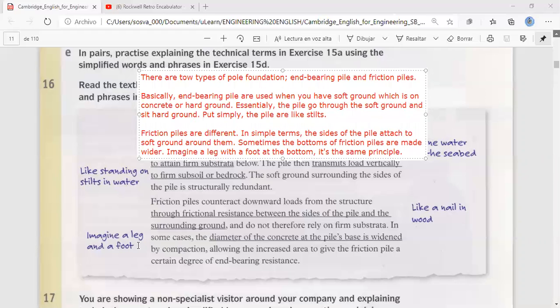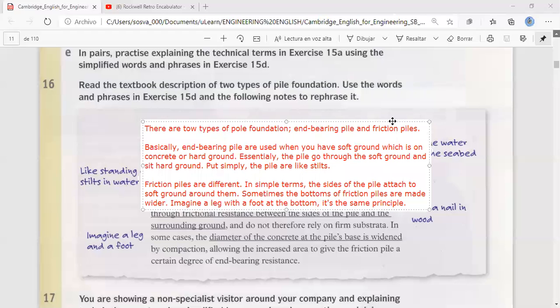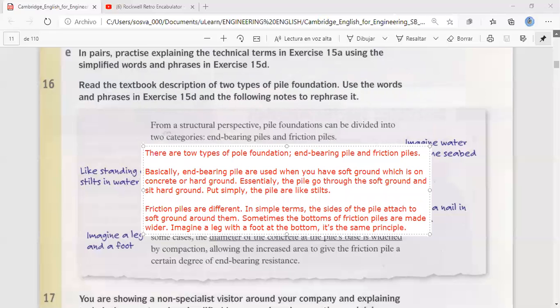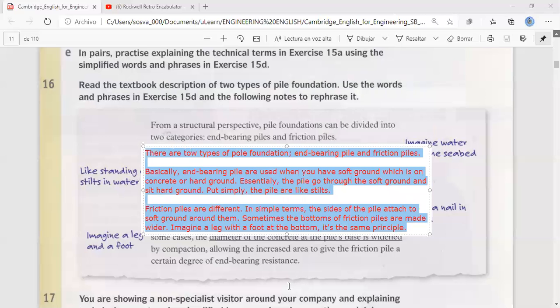Y si te das cuenta, usamos parte de los apuntes que vienen en azul. Dice imagine a leg and a foot. Son ideas o conceptos con los que puedes relacionarlos. Yes, it's the basic idea: taking words with common, everyday terms, or everyday words.